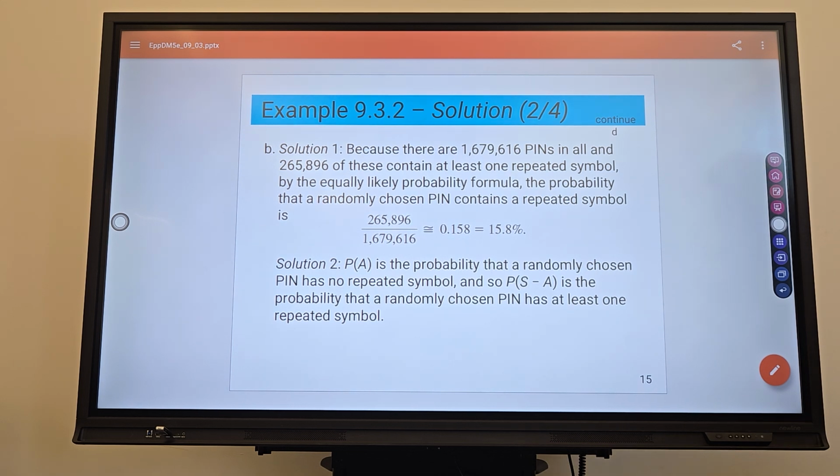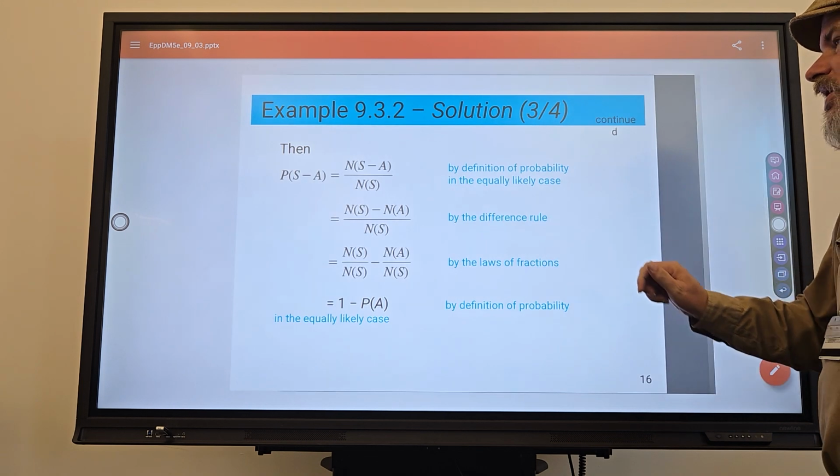The other method is to use the probability of A, being the probability that a randomly chosen pin has no repeated symbol. So P of S minus A is the probability that a randomly chosen pin has at least one repeated symbol.